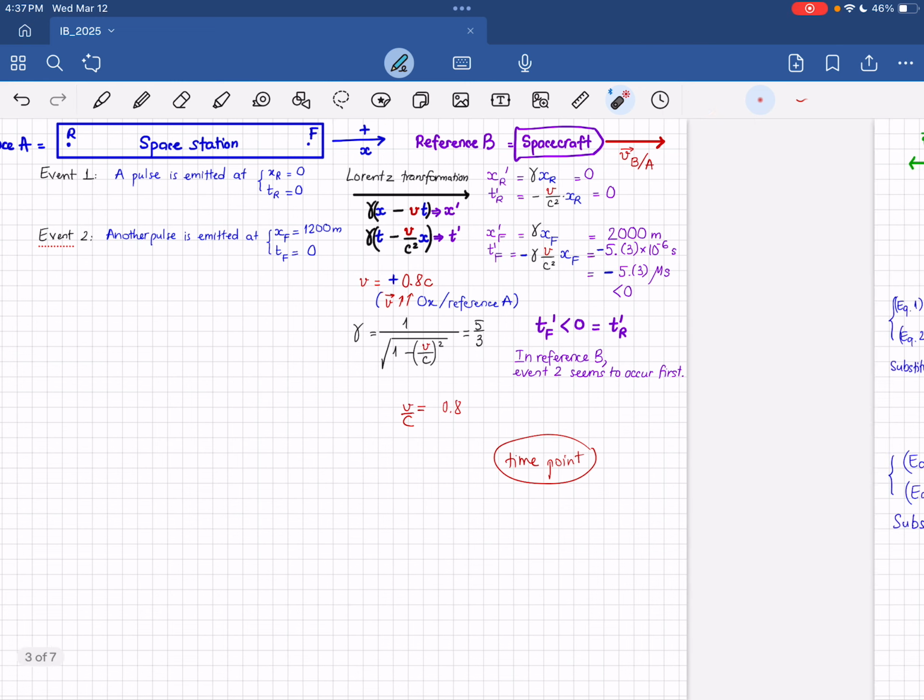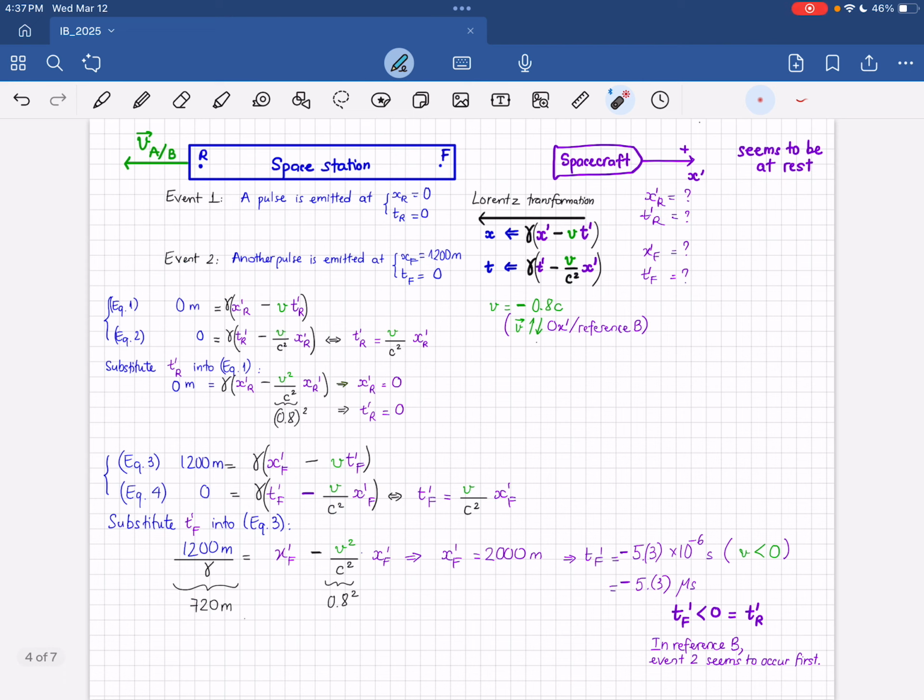And I want to explore a little bit more. As a reminder, you can either go from this reference to this reference, or you can go the other way. You just have to get the right value V to plug in. So what happened here? I tried to redo the problem from another way.